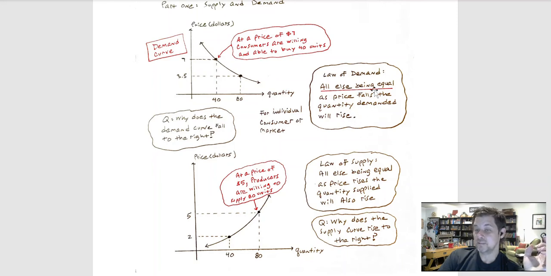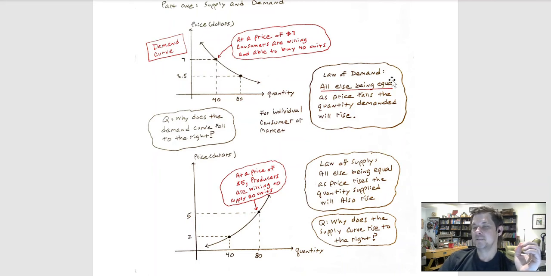Okay, that's what all else being equal means. And it's a very important part of this statement, okay? Now, in reality, it'd be very hard to have a market and hold every factor that might influence this constant and then start tinkering with the price and see what people do.